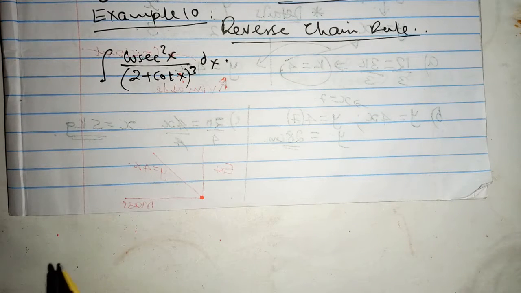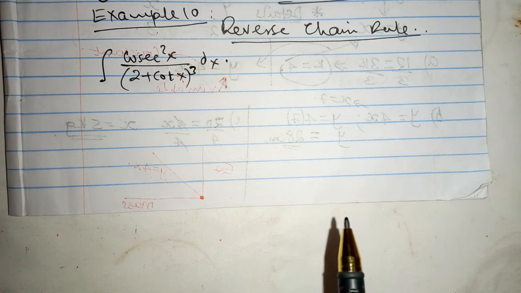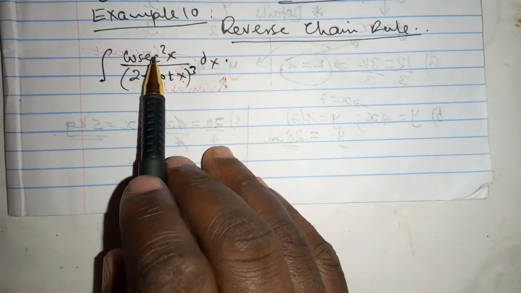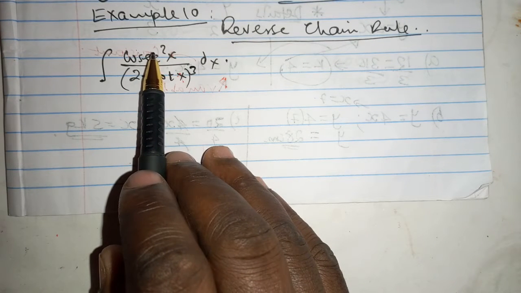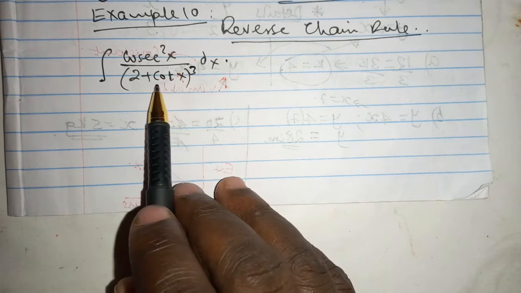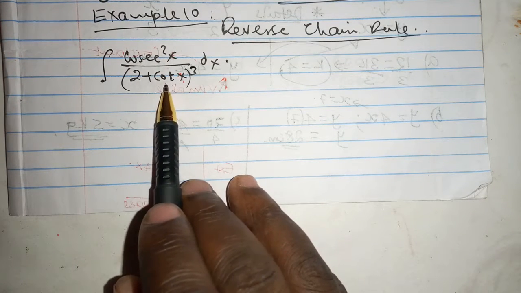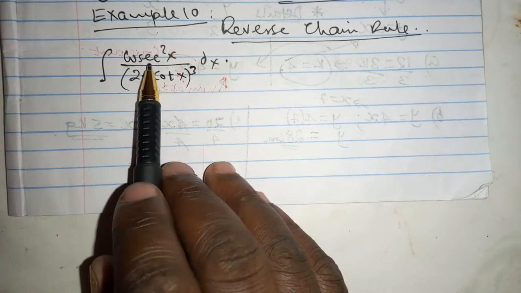There are two things that we need to understand in this one. Yes, it is in the form of the derivative at the numerator, and there is f(x) at the denominator, because the derivative of cot x is cosec squared x.